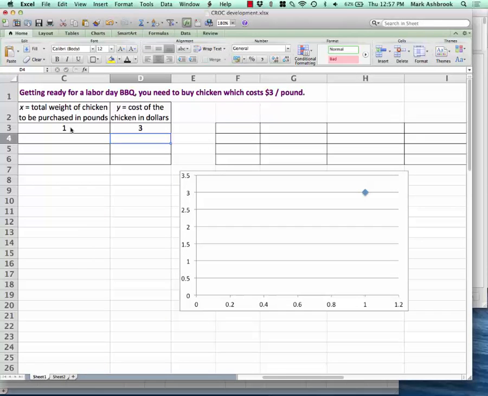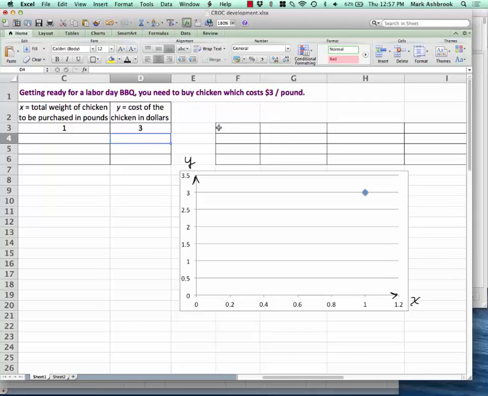And look, so now over here, we're going to show a graph. So when X equals 1, Y equals 3. And so that is represented by a point. This axis is going to be X, which is total weight. And this axis is going to show the cost, Y, cost in dollars.